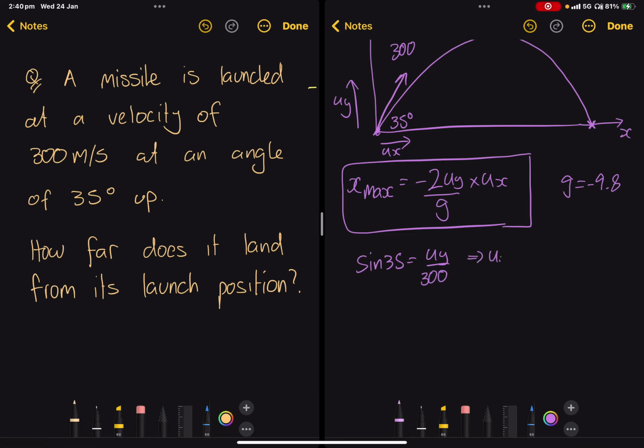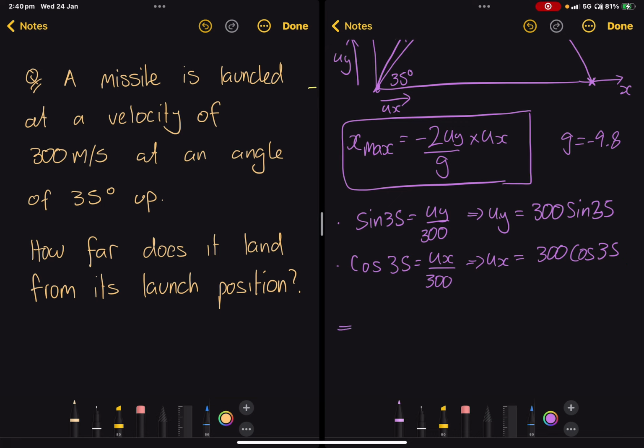This implies initial velocity in y is 300 times sine 35. And then we have cosine of 35 is equal to ux over 300. This implies that ux is equal to 300 times cosine 35.